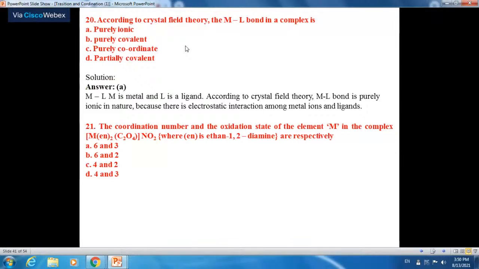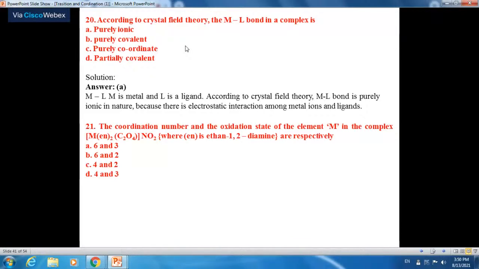Coordination number and the oxidation state of the element M in the complex. They give the complex here, but we have to find out the metal, and sometimes they may ask which one is the metal. Here we need to find out the coordination number and oxidation state of the metal, respectively. Here ethylenediamine, that is en, taken twice, is a neutral ligand.